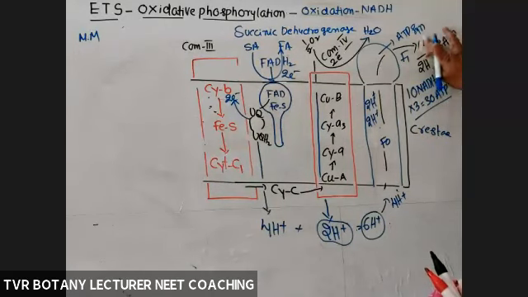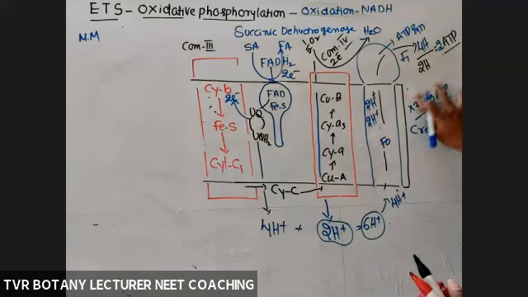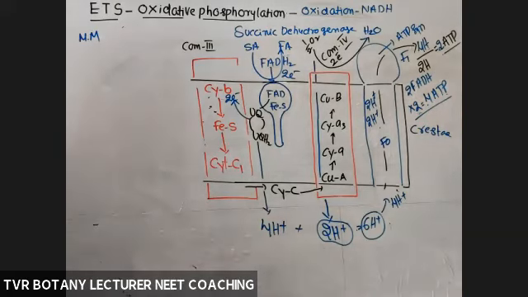Okay, now 4H+ by 2H+: how many ATP? 2 ATP molecules. Okay, right? How many FADH2 molecules? 2 molecules of FADH2, into 2 ATP each: 2 into 2, 4 ATP molecules. Simple. So this is the way to avoid confusion while reading the ETS of respiration.